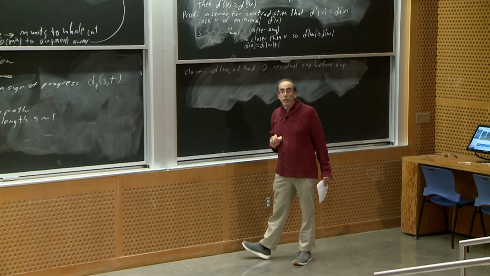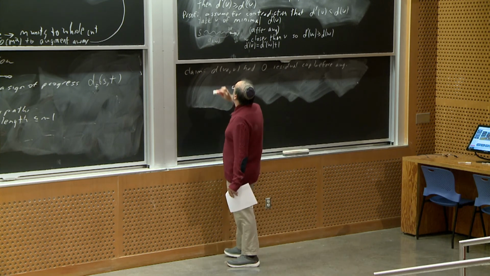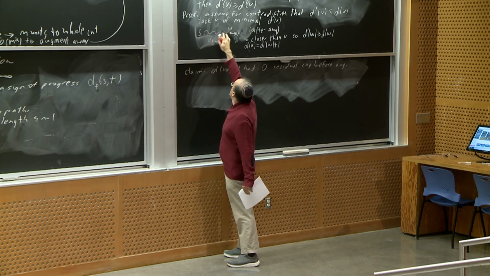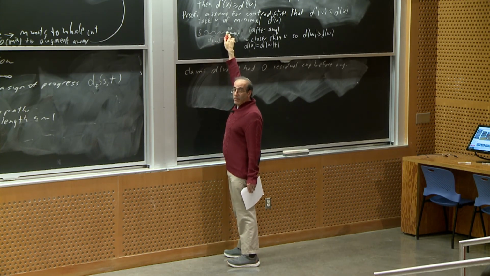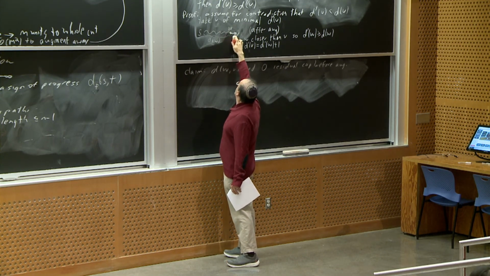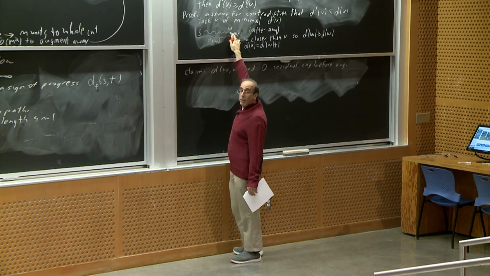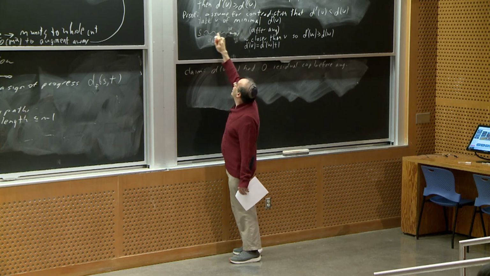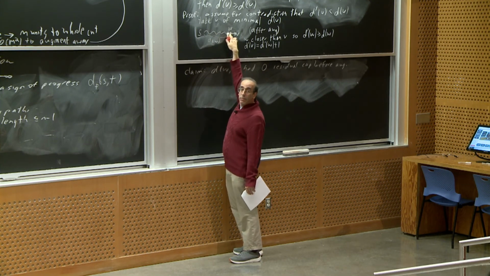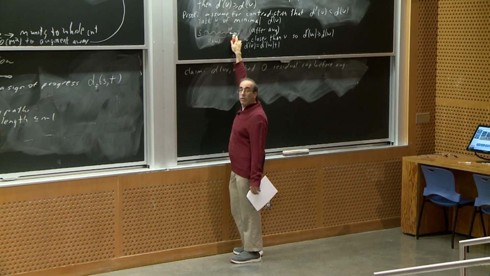Before the augmentation, there was a path from S to W of length d of W, right? If this edge also existed in the residual graph before the augmentation, what would that give me? Well, I could follow the path from S to W and then follow this edge, right?